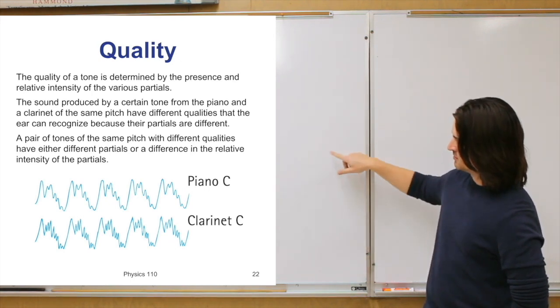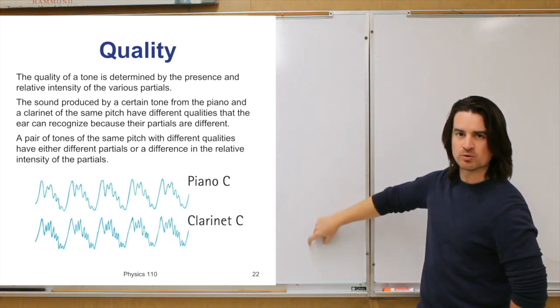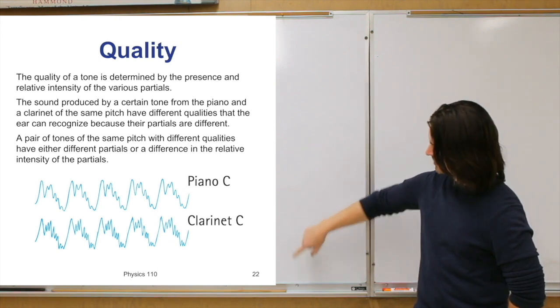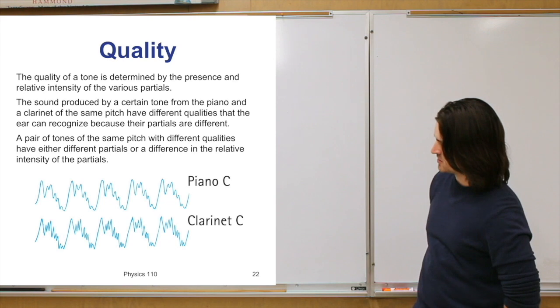It comes up and down, and it happens at the same frequency in both of these cases, so it's the same fundamental note. Both of them have this overarching shape happening at the same frequency.